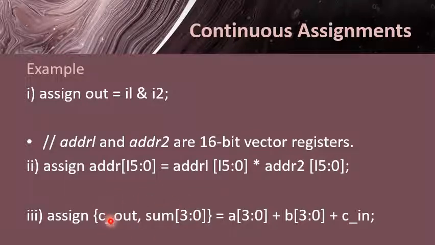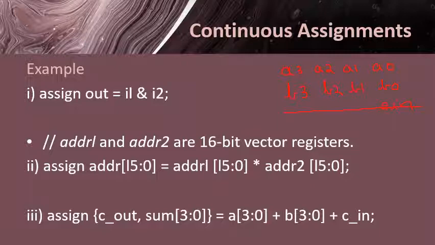Cout is the most significant bit, followed by the 4 bits of sum, equal to A 3 down to 0 plus B 3 down to 0 plus Cin. So basically this is a full adder. Sorry, not a full adder, it's a 4-bit adder. So it is first adding A3, A2, A1, A0 and B3, B2, B1, B0, along with the Cin, the carry.